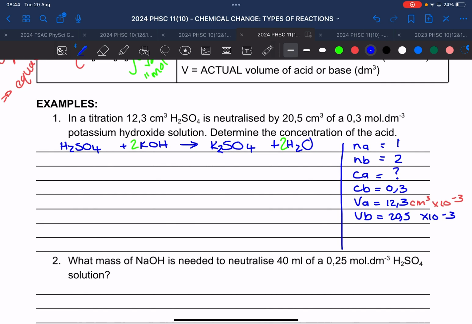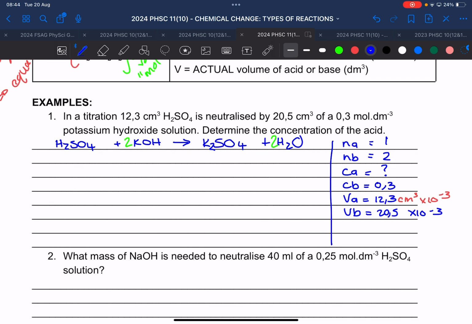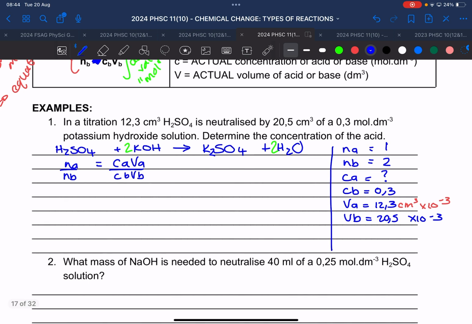Right, now we're going to substitute our values. Mole acid over mole of base is equal to concentration acid times volume acid over concentration base times volume base. So that is the formula that we have there at the top.